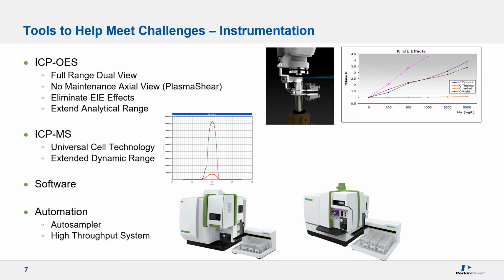It also allows us to extend our dynamic range, allowing us to calibrate to a higher concentration. Also, software. It's another tool for the instrument to meet our challenge. Last but not least, automation. Automating the system, we're using an autosampler and high-throughput systems, allow the analyst to meet the productivity demands of their laboratory.